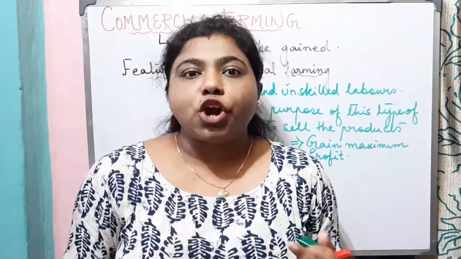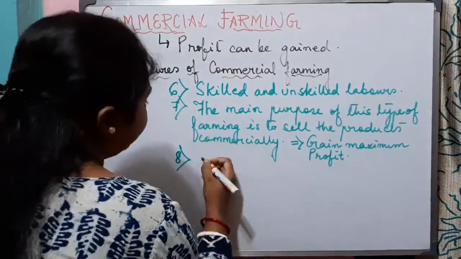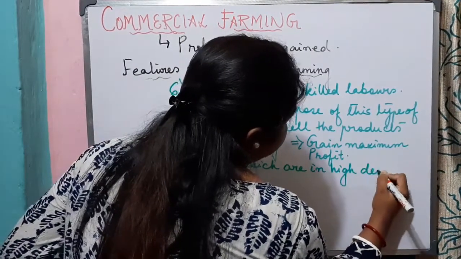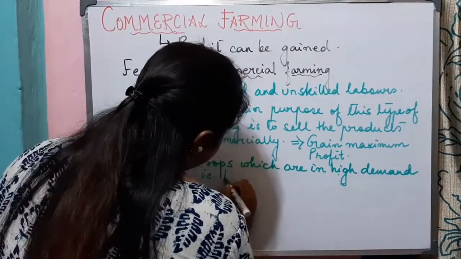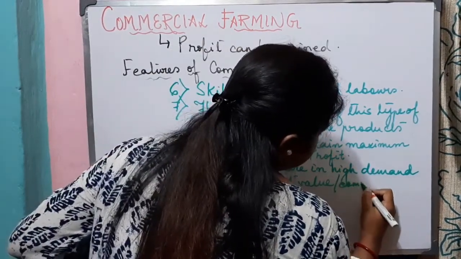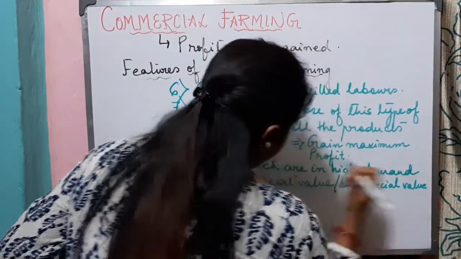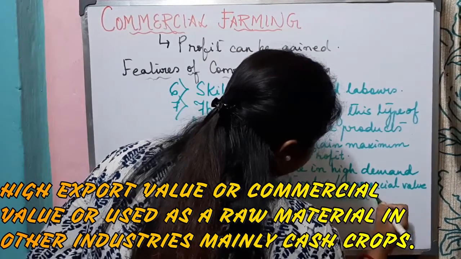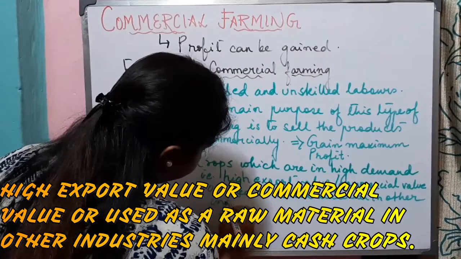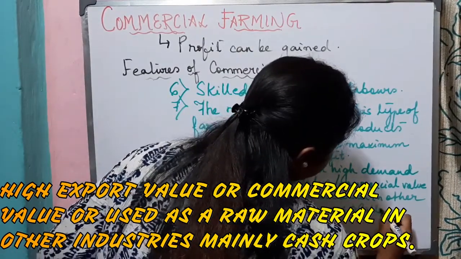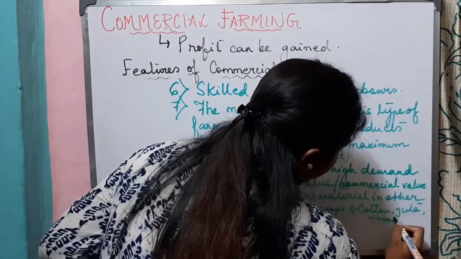Mainly the cash crops like cotton, jute, wheat are grown in this type of farming.